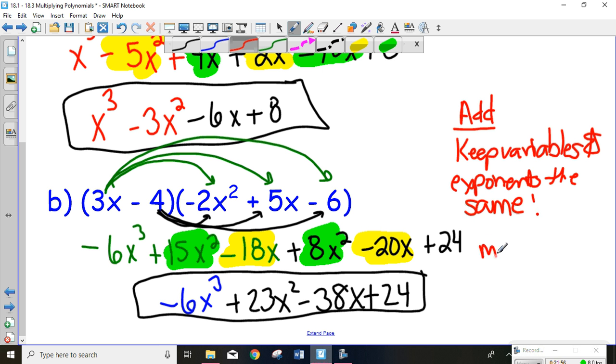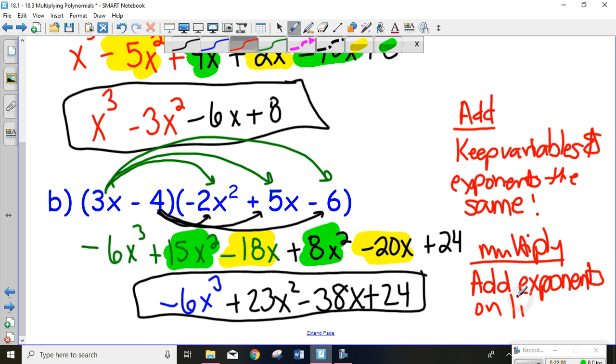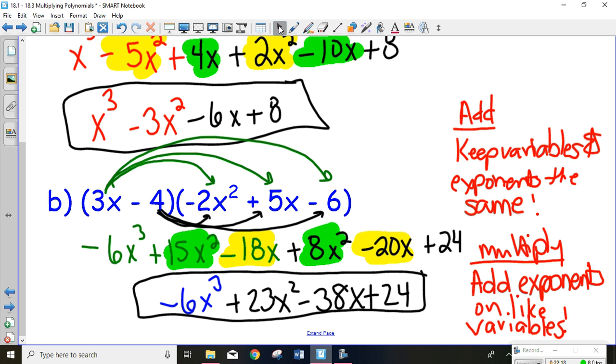When we multiply, we add exponents on like variables. Maybe that'll help you keep it straight, keeping that note down, because I can see why that's confusing. It's like when you add, you keep, but when you multiply, you add.